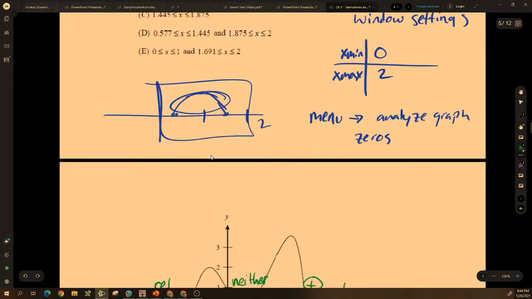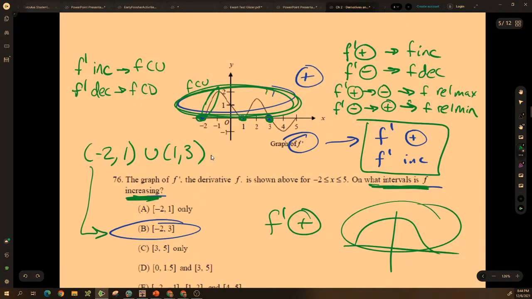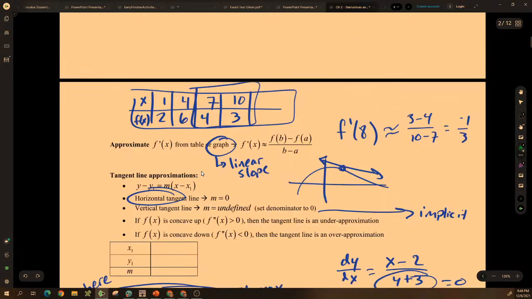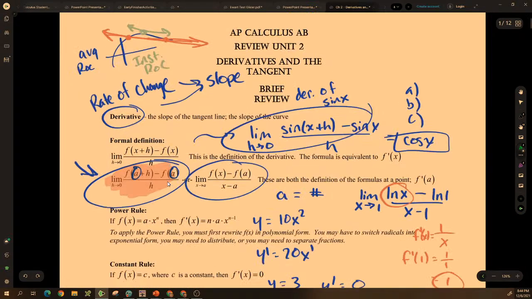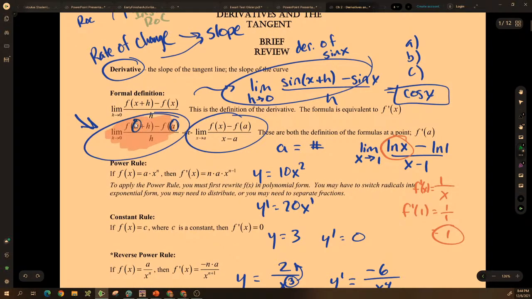So if that confuses you, go back up here and make sure that you memorize especially these two formulas, the two with the limit as h approaches 0. That should help out. This one will have x's in it because it's not at a point. Whereas the second one will not have any x's in it because it's at a specific point.